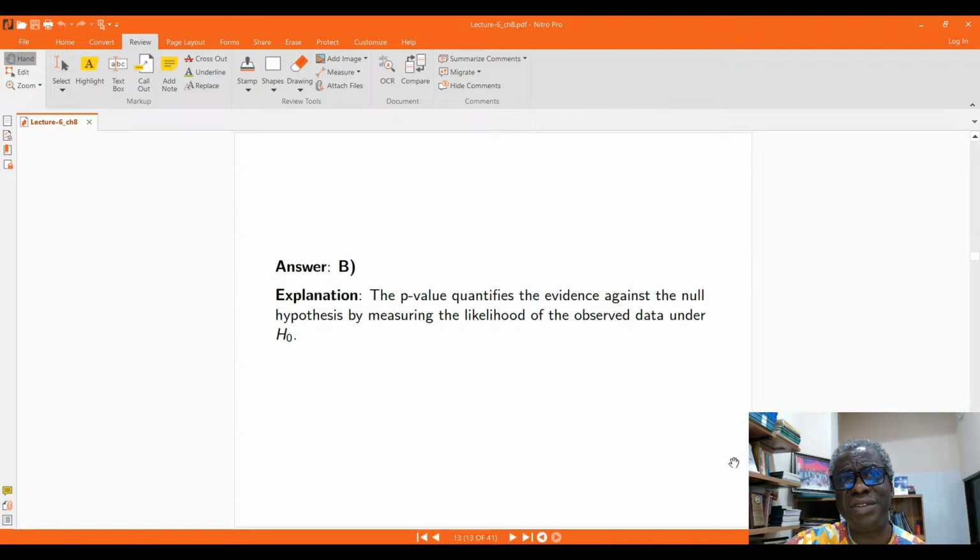On the basis of the p-value, you can take a decision whether the null hypothesis should be rejected or should not be rejected.